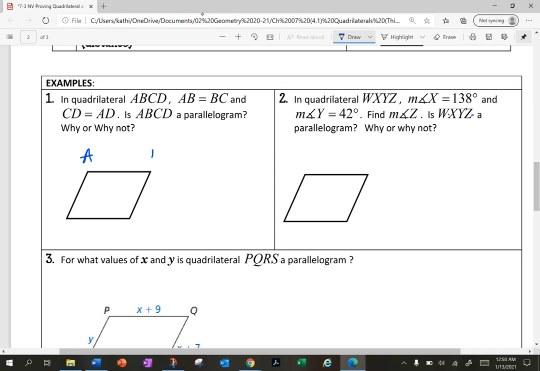So A, B, C, D. Let's put in my information.